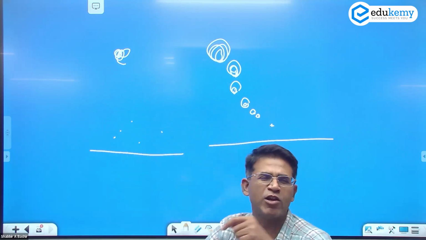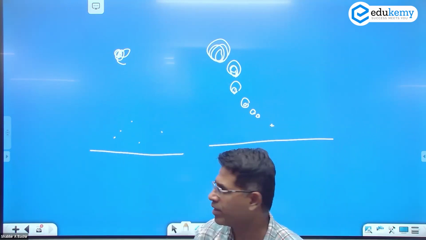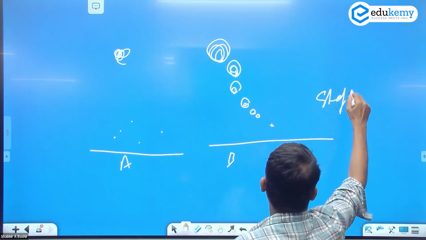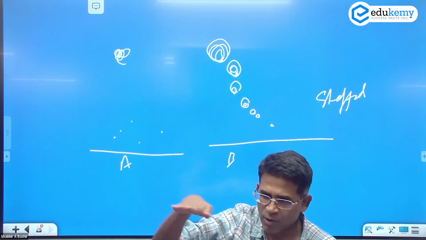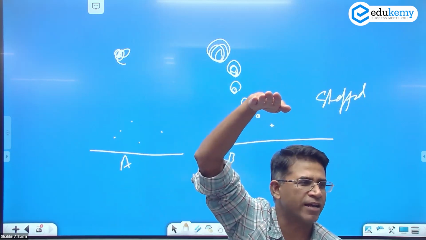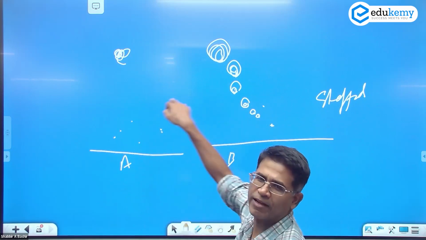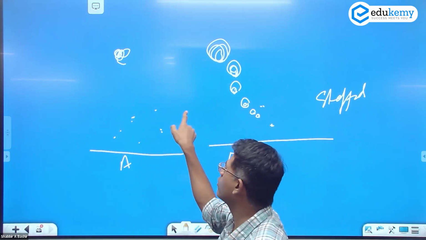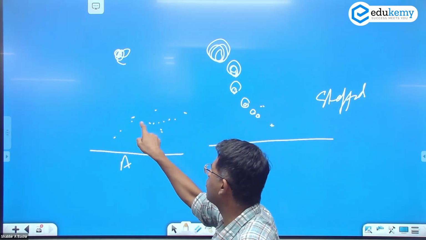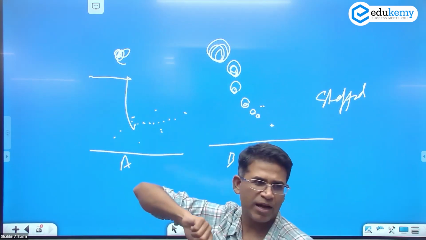Which case will you think of as a stepped hierarchy, A or B? What do I mean by a stepped hierarchy? Almost flat, then a sudden height. This is called a stepped hierarchy. So tell me, which of the two is stepped, A or B? A is stepped, because almost all are small, and suddenly a big one. I hope you got the point here.